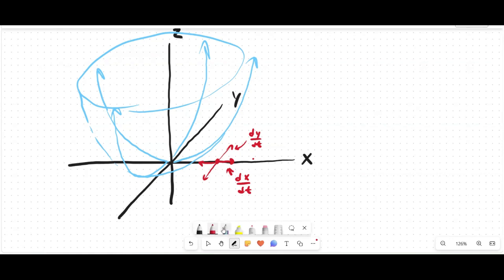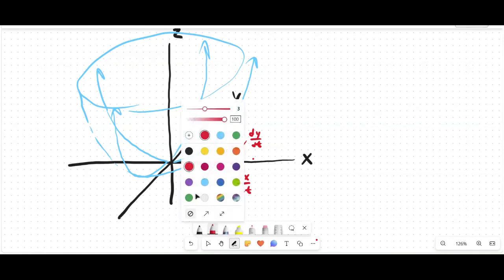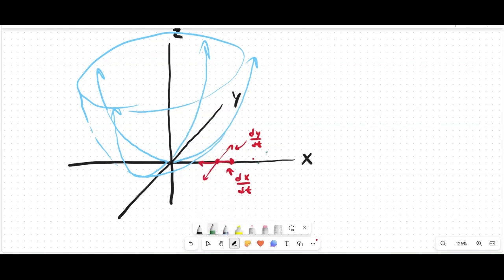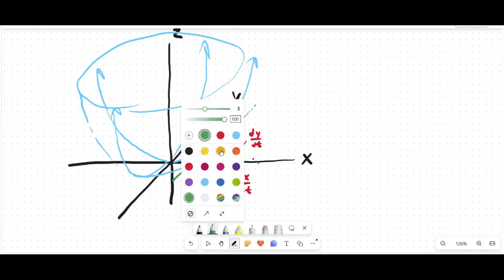Let's try to throw in one more color. I think I should have done this differently. So let's say the starting point on the graph is right there. You can see there's a tangent line in the x direction telling you how much you go up or down when you move in the x direction. And there's a second line, let's do it with a different color.